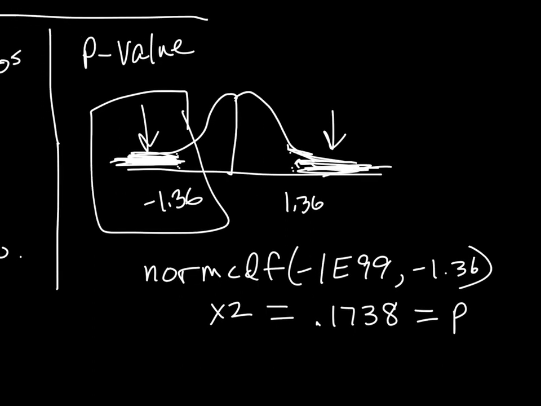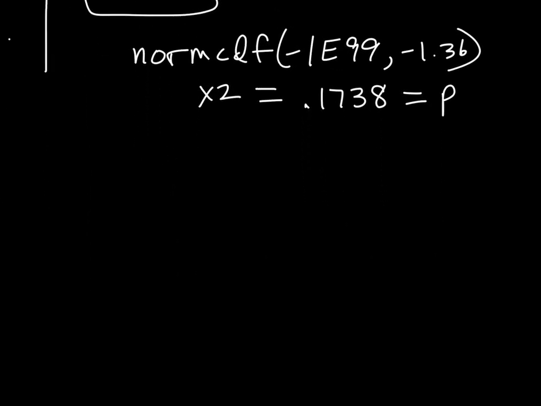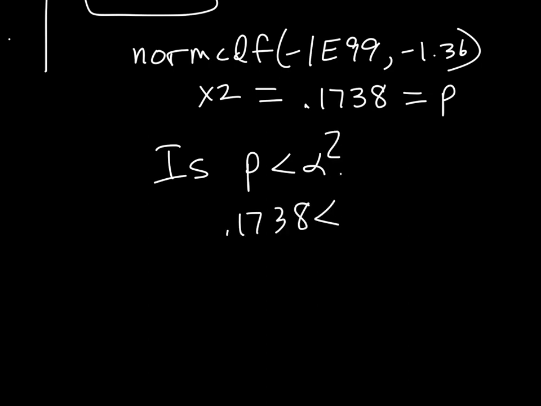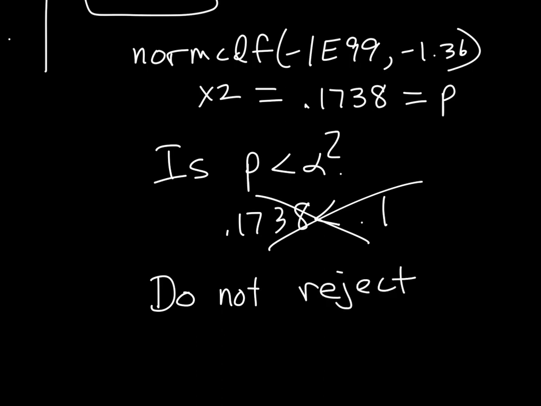What's the question then that I ask once I get the p-value so that I know whether to reject or not to reject? Right. Is p less than alpha? Is 0.1738 less than our alpha on this problem, 0.1? It's not, is it? That's not true. So since p is greater than or equal to alpha, again, we do not reject H naught.